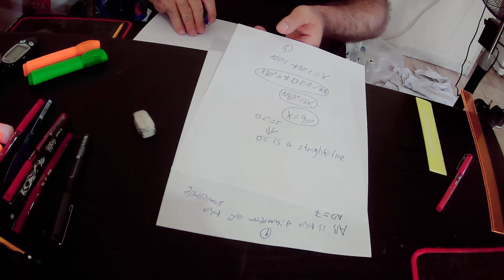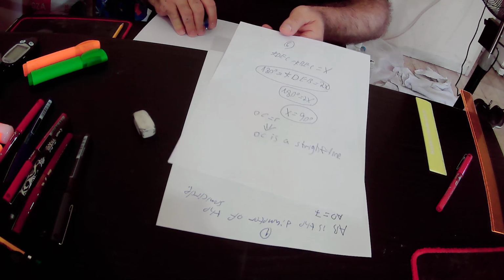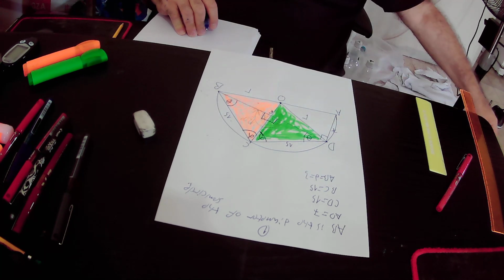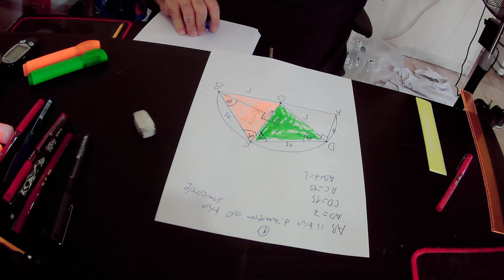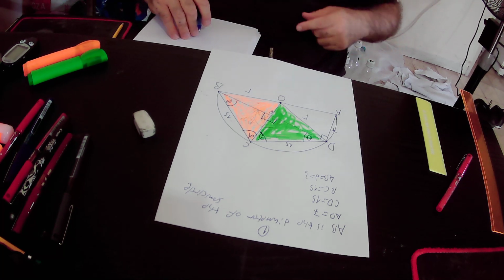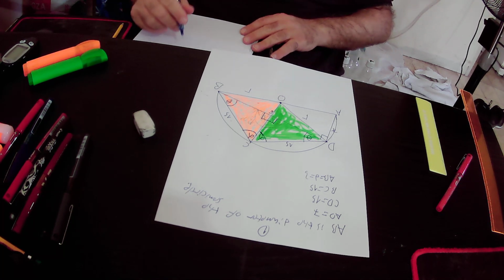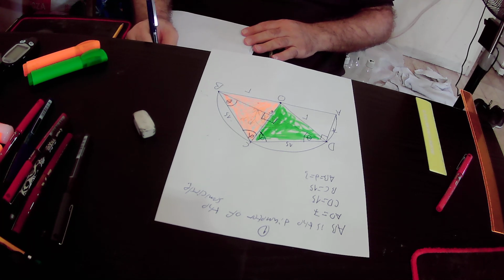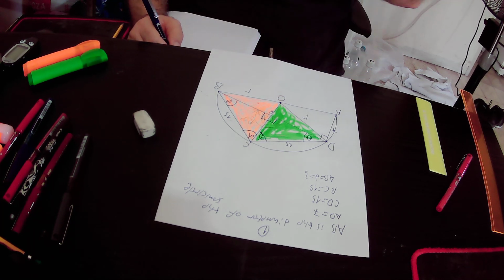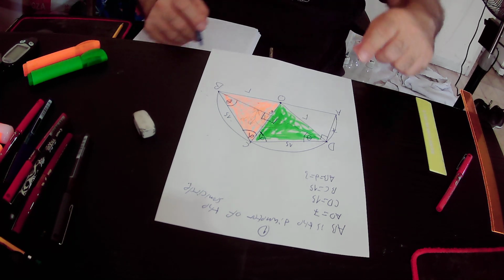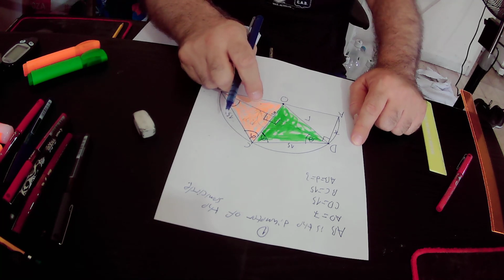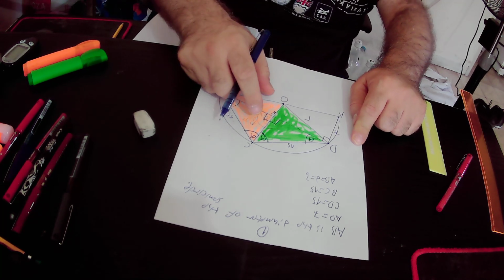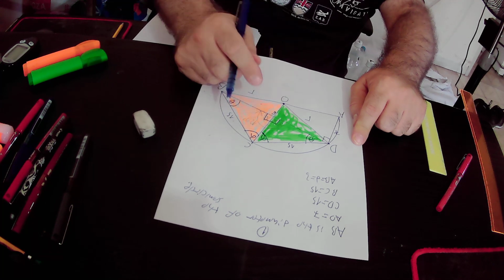Okay, OC is a straight line. So again, we know that the sum of the angles at a certain point on the left side of the straight line OC will be equal to 180 degrees.